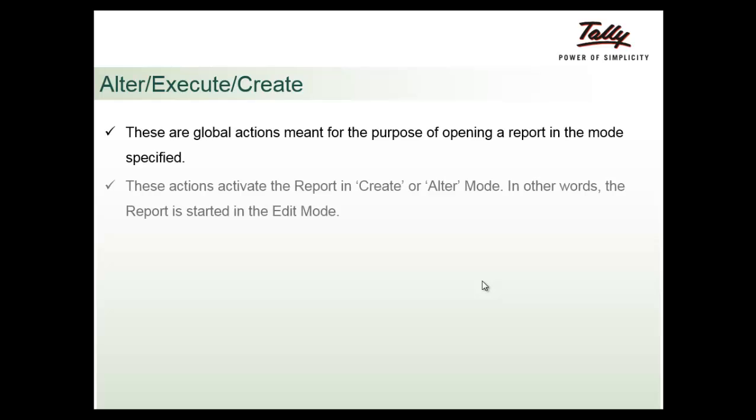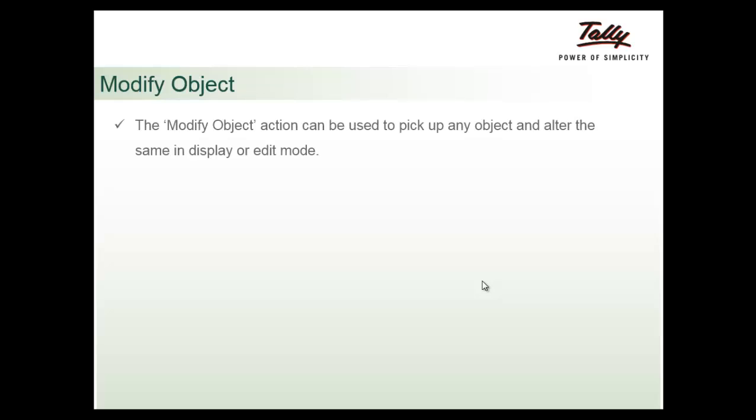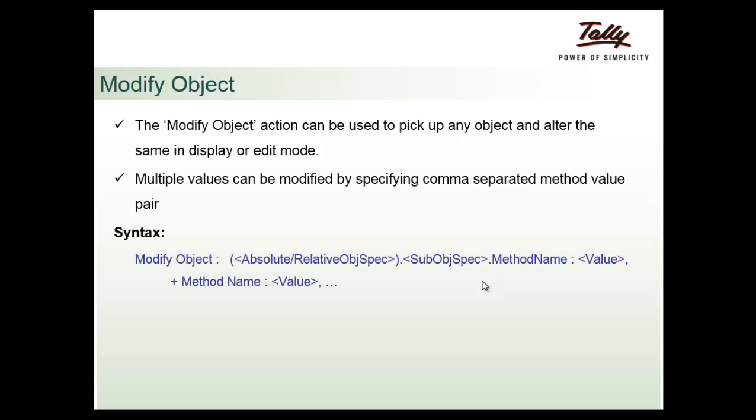Then we have alter, execute and create. All of these accept report as their parameter. Execute and create will open your report in the edit mode, whereas alter will open your report in alter mode. Then we saw modify object, where you can pick up any object and alter the same in display or edit mode, and through this action you can change multiple values of that particular object, separated by commas.